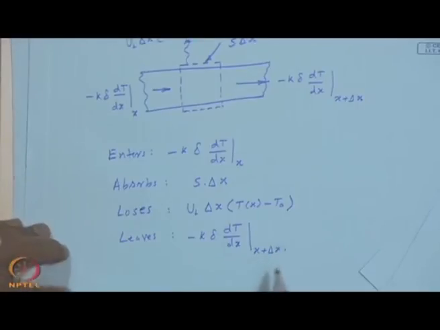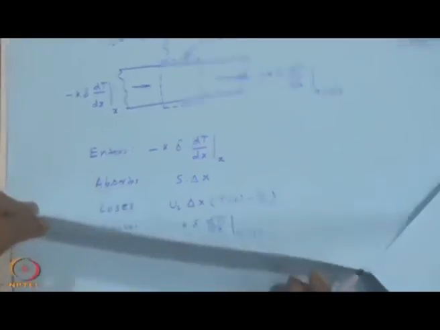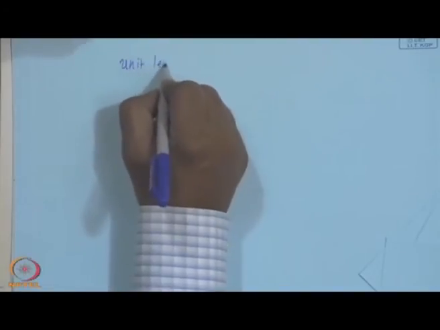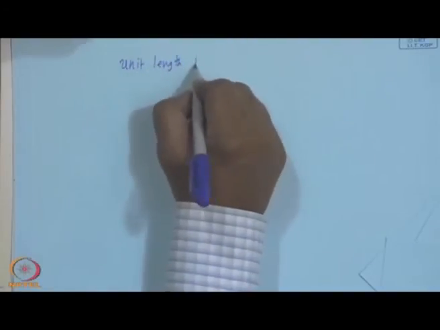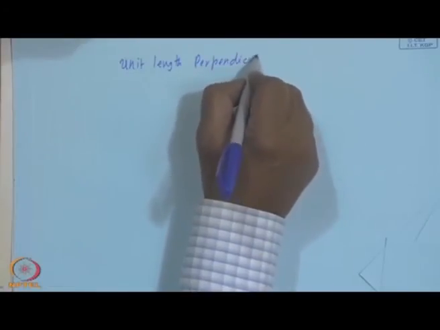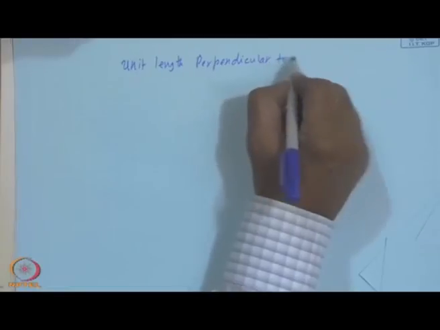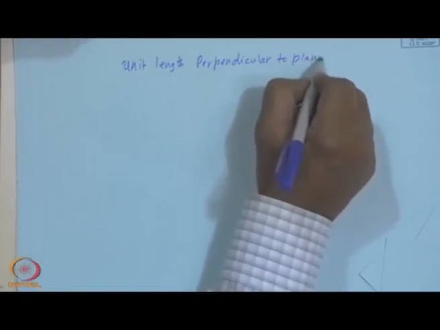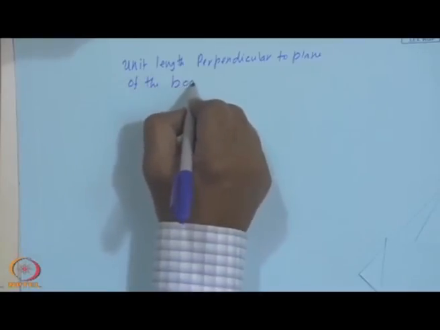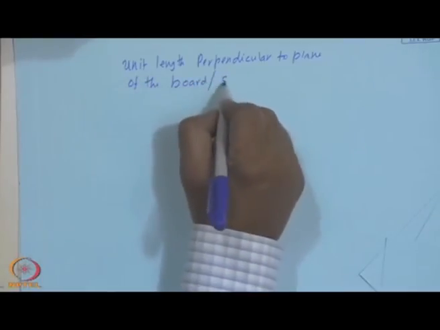Okay. So, this is what we are having, and if we want to make an energy balance, we are assuming unit length perpendicular to the plane of the board or screen.